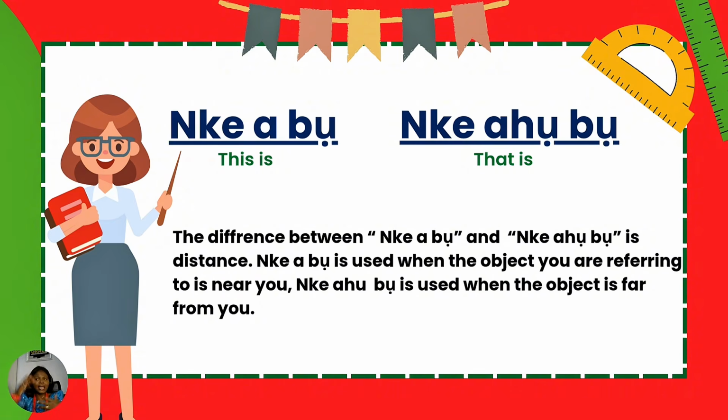The difference between this and that is distance. Nkabo is used when the object you're referring to is very near you. And then nkahobo is used when the object you're referring to is far away from you. So when it is near you like this, I say nkabo. When it is far, I say nkahobo. That's actually the difference, okay?